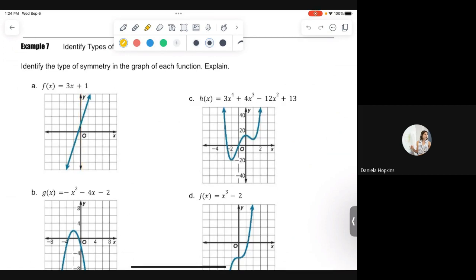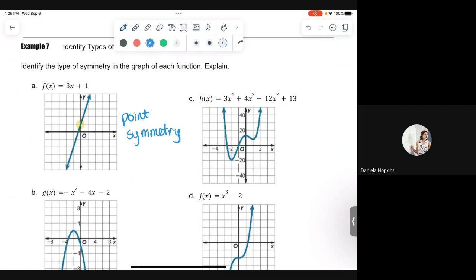However, if I rotated around this point, for example, 180 degrees, I would be back on that original point. So this has point symmetry.